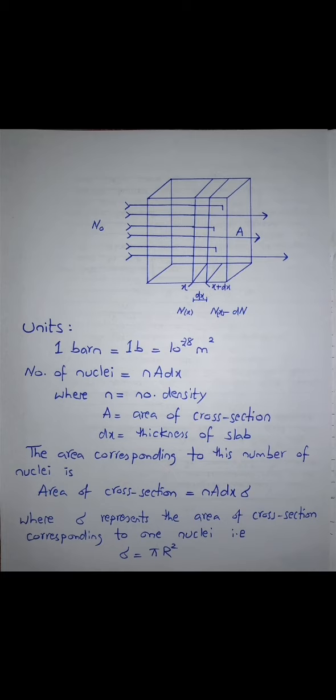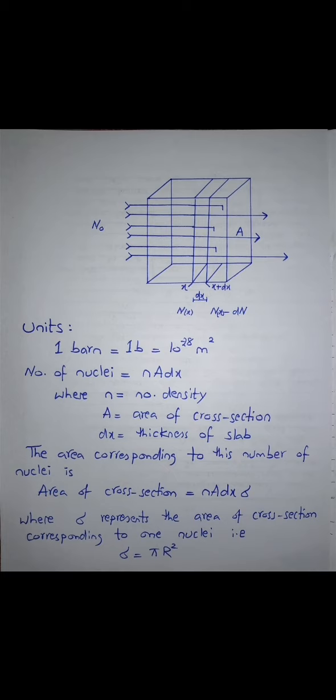Now in order to find the area corresponding to this number of nuclei within which the incident particle will lead to an interaction, we multiply the number of nuclei by the area of cross section corresponding to one nucleus, denoted by sigma, which is equal to pi r squared.